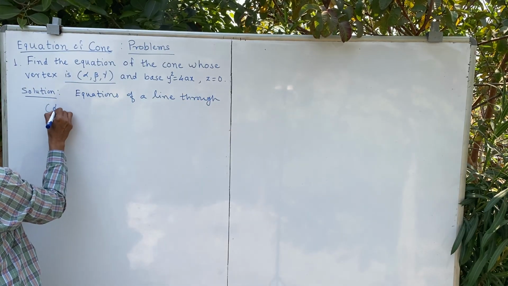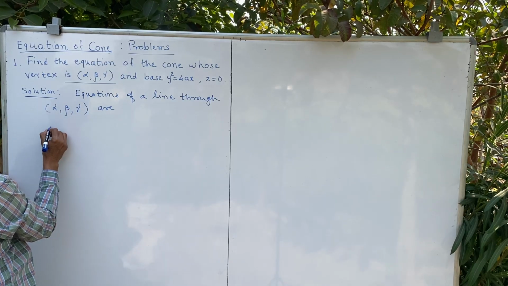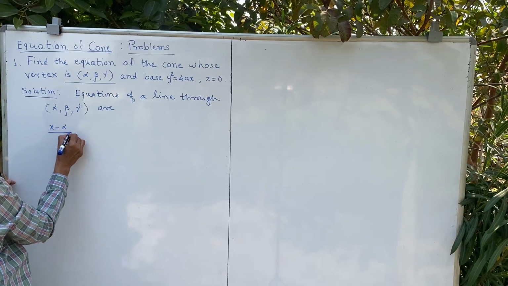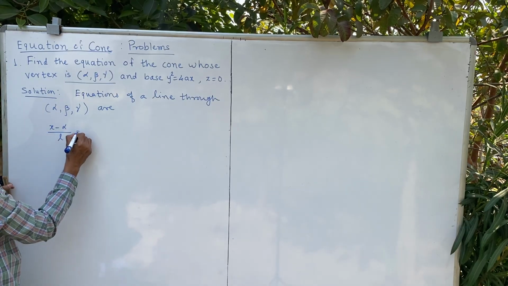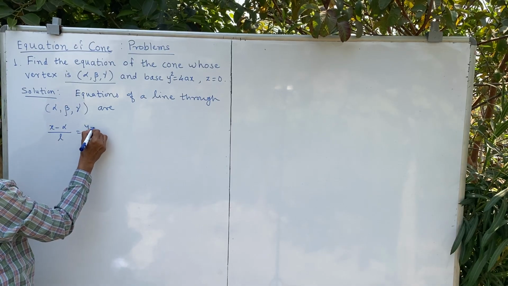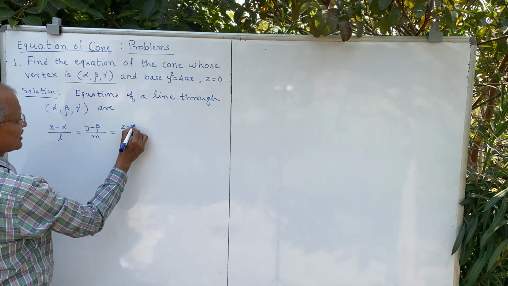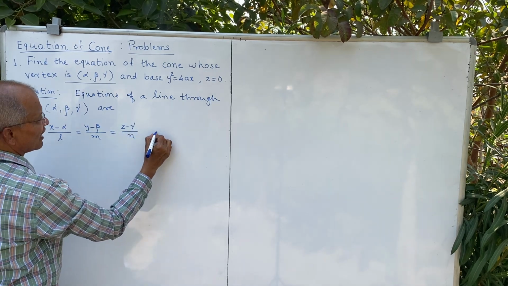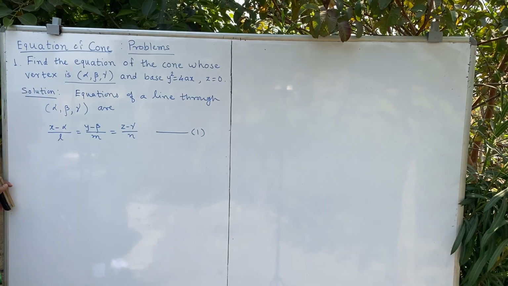In symmetric form we know the equations are (x minus alpha) divided by L, where L, M, N we shall consider as direction cosines, (y minus beta) divided by M, (z minus gamma) divided by N, and we shall suppose this equation of the line passing through the vertex as our equation 1.